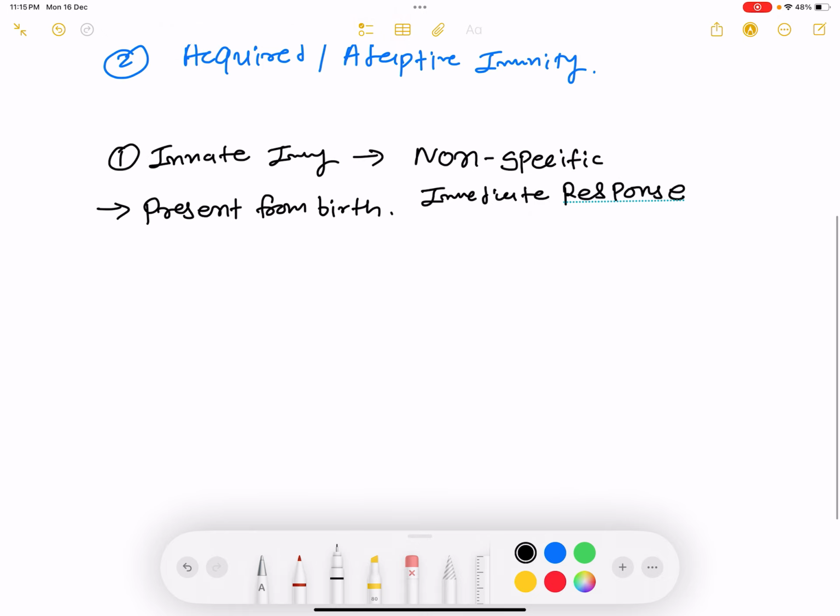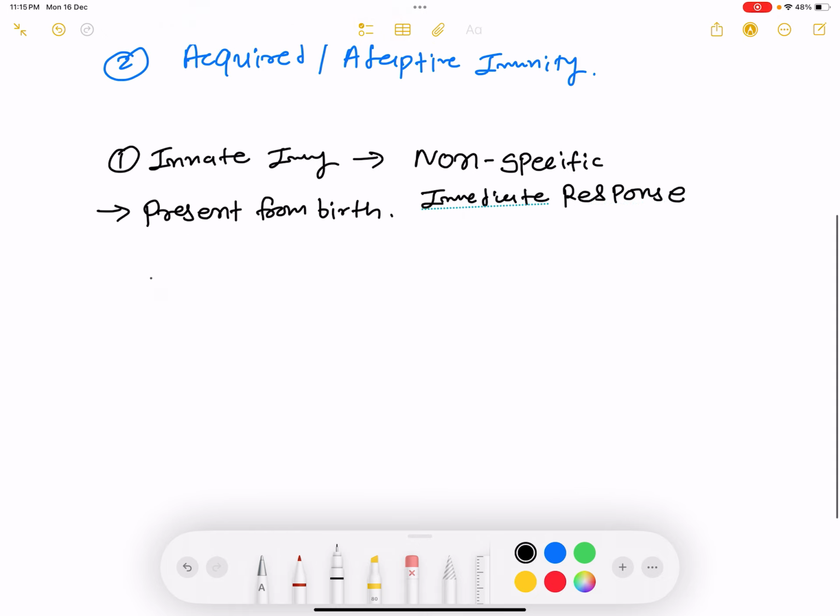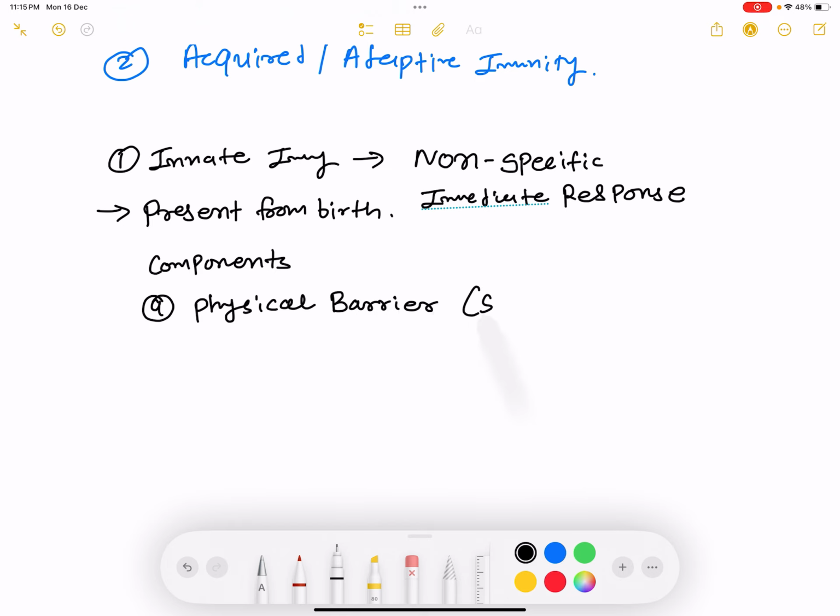In innate immunity, there are four main components. First is physical barriers, like skin and mucous membranes.